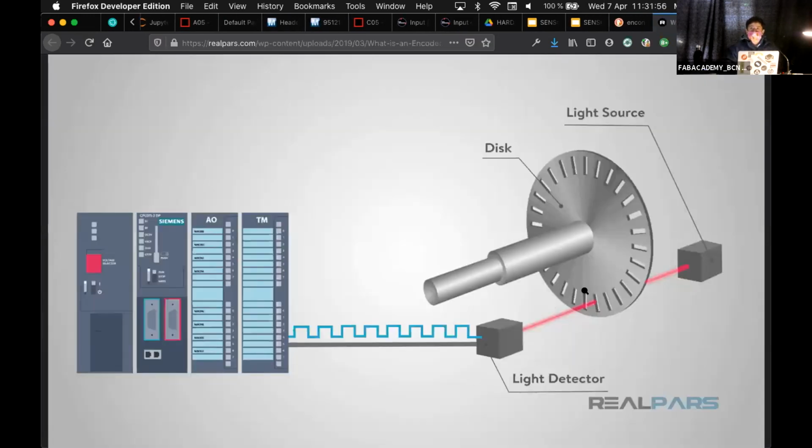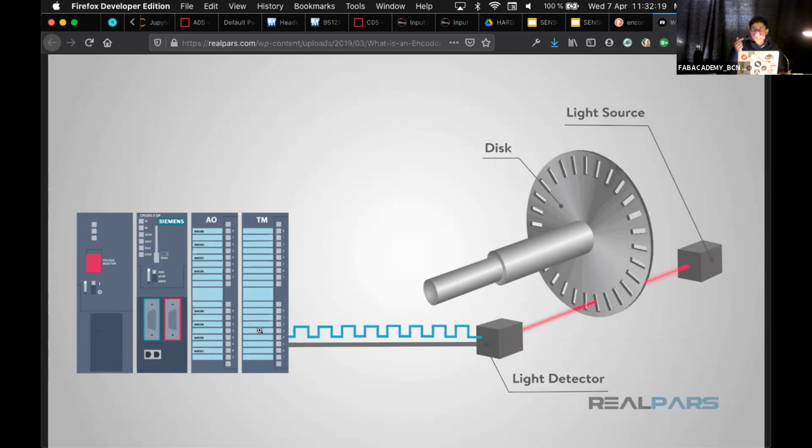Basically, we have a perforated disk that light can go through at certain times, a light source and a light detector, and that sends a signal like this. And we might want to count how many pulses I have per minute or per second or per millisecond, so that I can know how fast that disk is rotating.